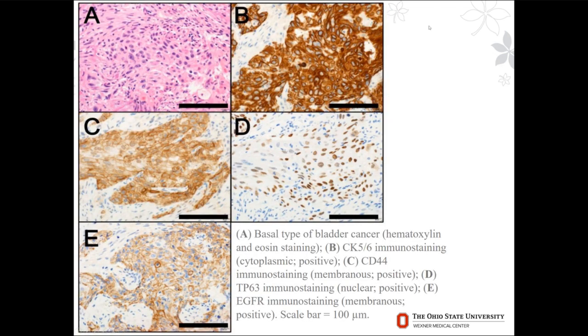So this picture shows you basal types of bladder carcinomas, which have strong CK5, CK6 expression, cytoplasmic. They have CD44 staining, which is membranous, they have P63 staining, and they have membranous staining with EGFR.